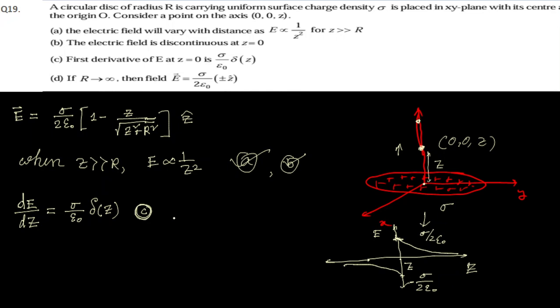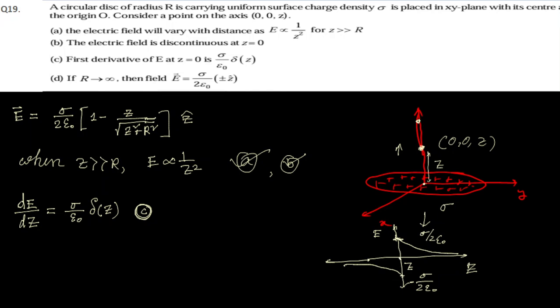So what is the logic? If a function has a finite amount of discontinuity at any point, the derivative of this function at this point will give you the Dirac delta function into the amount of discontinuity. Why will it give you the Dirac delta function? Because when you look at this function from the left side or the right side, delta z tends to 0.